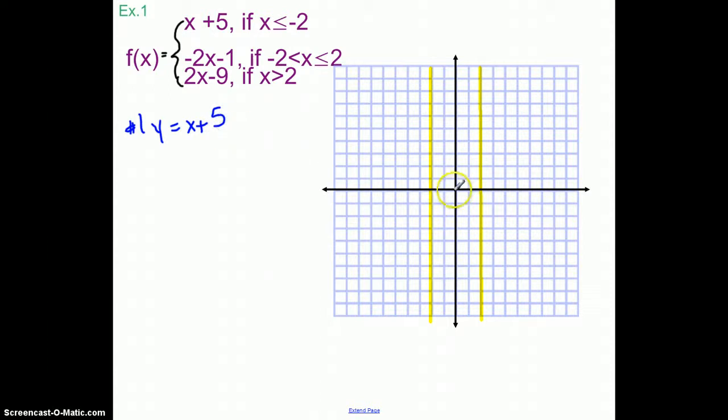So if I start out with 5, 1, 2, 3, 4, 5, and then my slope is 1. So that means it's up 1 and over 1. So if I make this line, it looks like this.